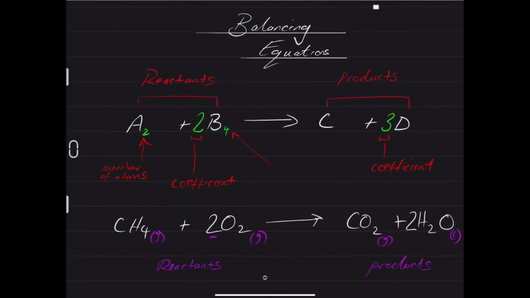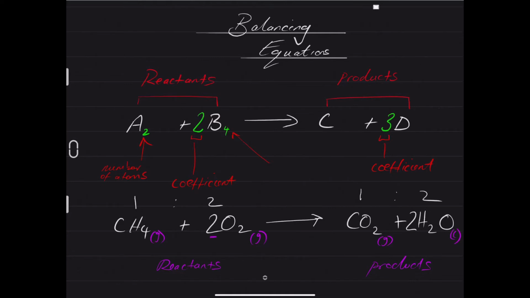So if we look at this chemical equation here, we can get a ratio of 1 to 2, and if we move across, we can also get a 1 to 2. So the simplest ratio that we can identify here is 1:2 and 1:2 again on the product side.